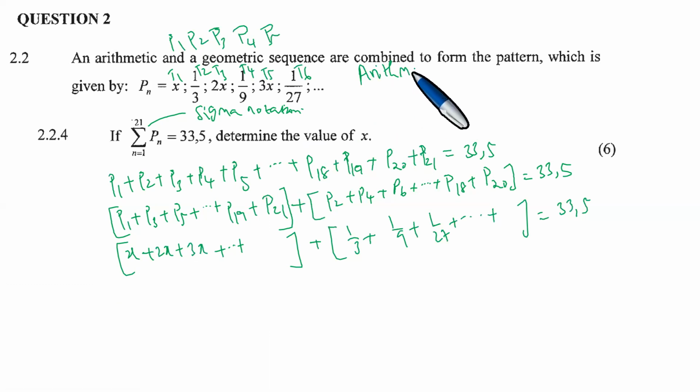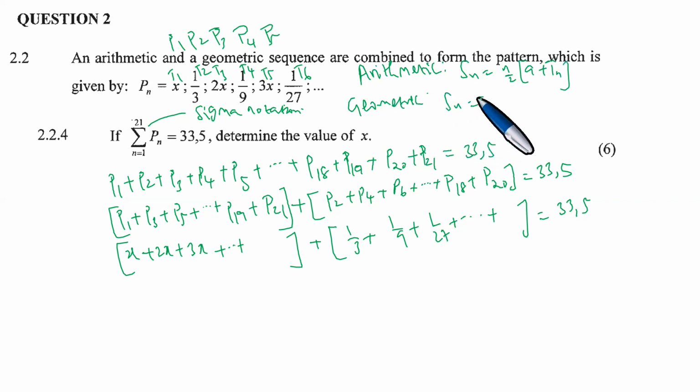For arithmetic, we have Sn equals n over 2 into a plus Tn. For the geometric, we have a into 1 minus r to the n, divided by 1 minus r, where r is different from 1. Okay, this is what you get.